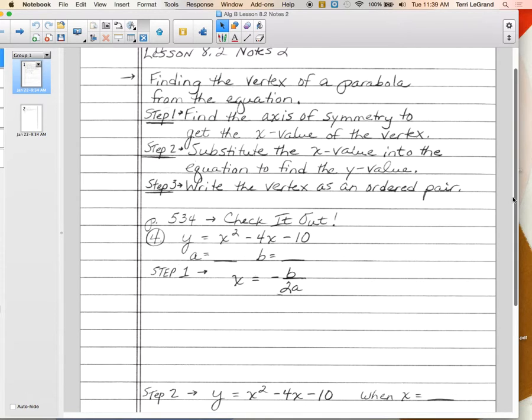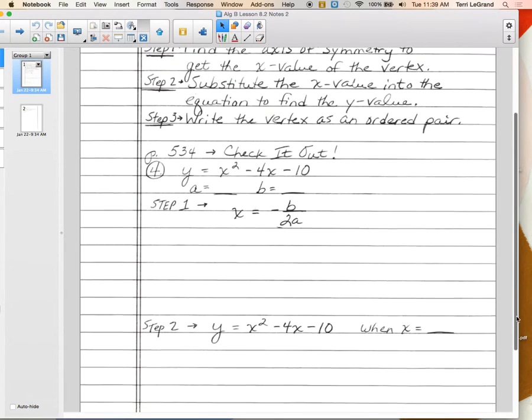Step 2, substitute that x value into the equation to get what y value goes with it. When you substitute your x value in and simplify the right side, the ax squared plus bx plus c part, that should give you your y value for the vertex. And then step 3, write the vertex as an ordered pair, because it is a point on the graph.